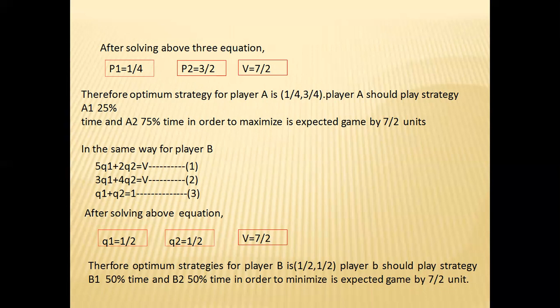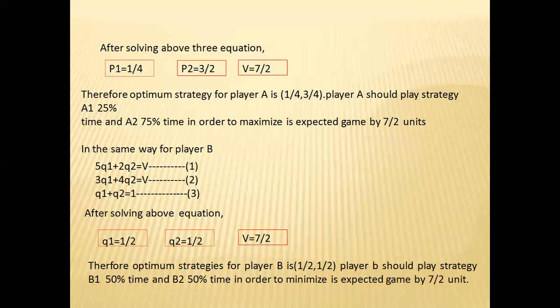Therefore, the optimum strategy for player B is 1 by 2 and 1 by 2, and hence this player B should play B1 50% of the time and B2 50% of the time in order to minimize.